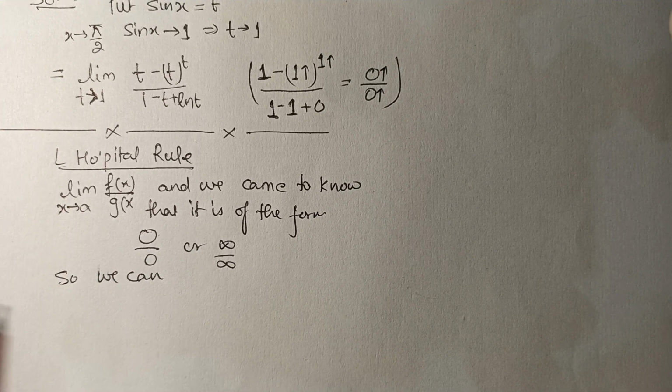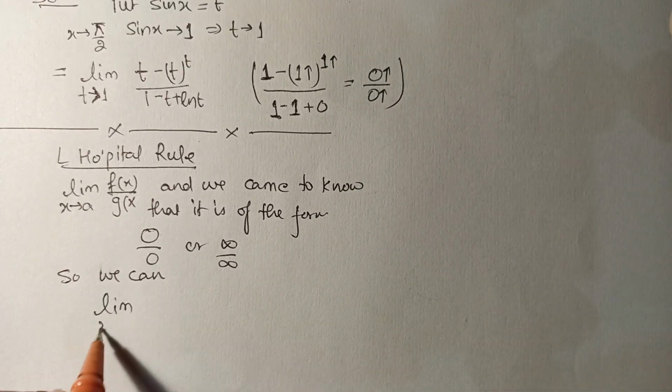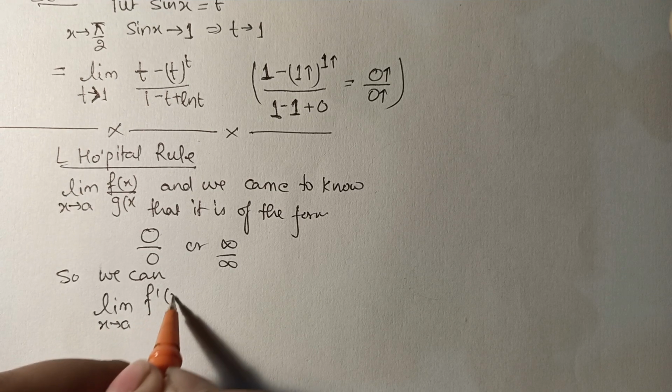So we can write it as the limit as x tends to a of f dash x upon g dash x.